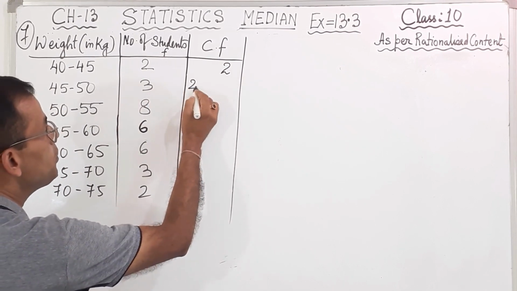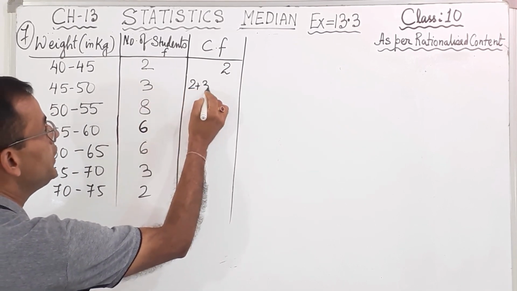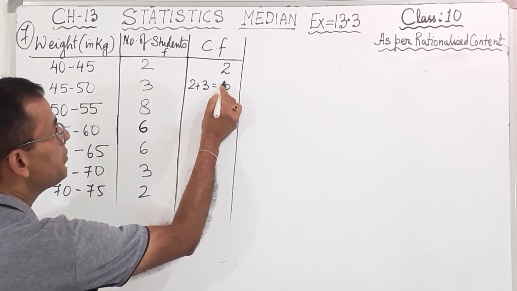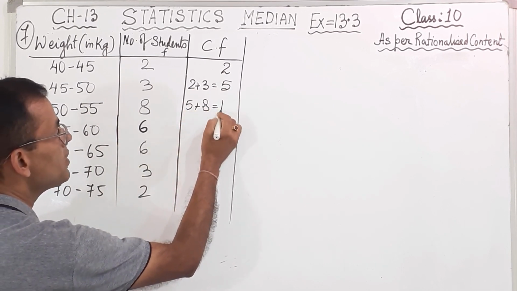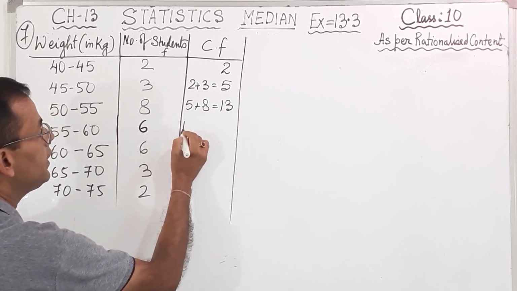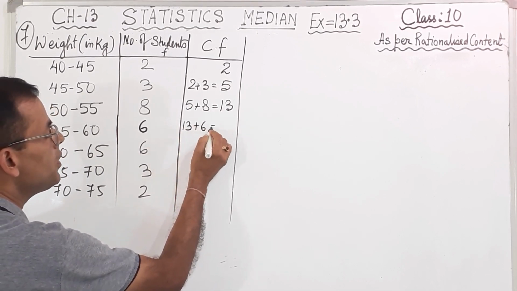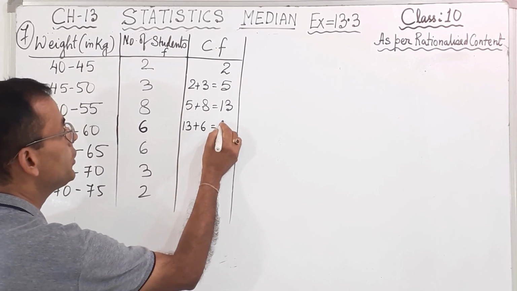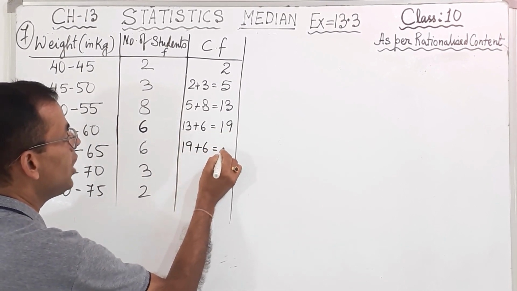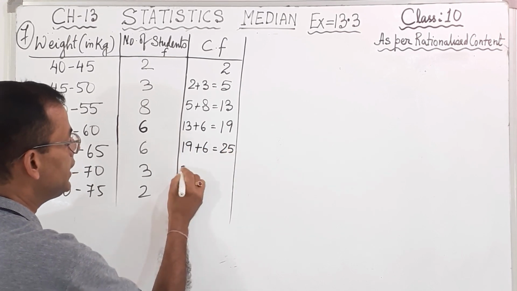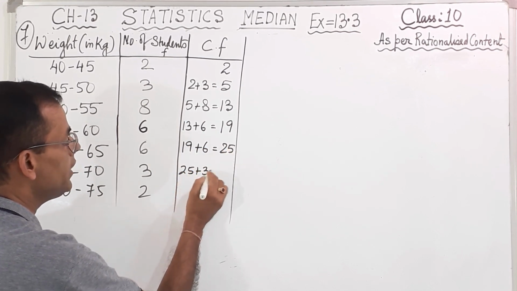Then 2 plus 3, 5. Then 5 plus 8, so how much comes? 13. Then 13 plus 6, we will go on adding. How much comes? 19. Then 19 plus 6, how much comes? 25. Then 25 plus 3, how much comes?